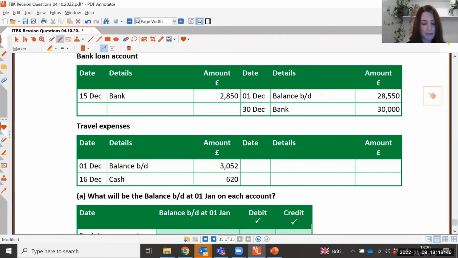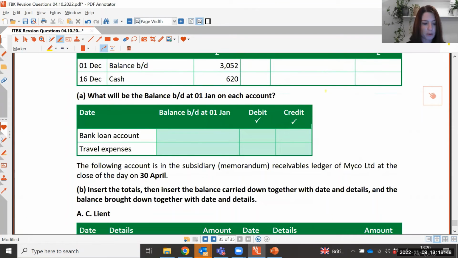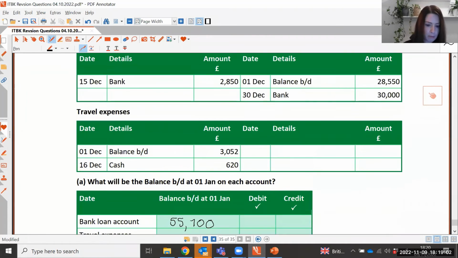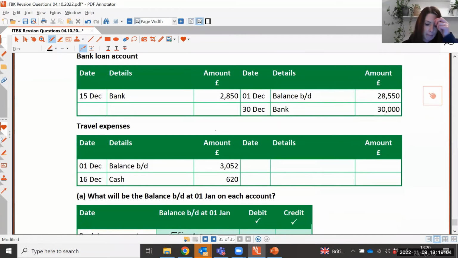Brilliant. Yes, £55,700. And just in case anyone's unsure on how to get to that figure, so remember the bank loan account, it is a credit account, it's a liability account.